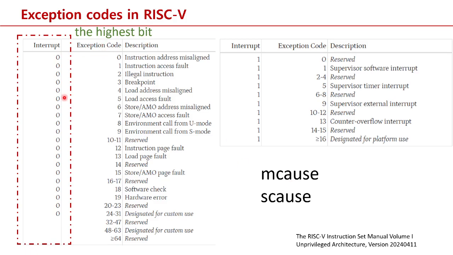Based on the highest bit inside this register, another activity will be performed. If the trap happens because of an exception, the fault handler will be called according to the value of the highest bit inside this register. And if the highest bit of this register is 1, the interrupt service routine will be performed based on this value.